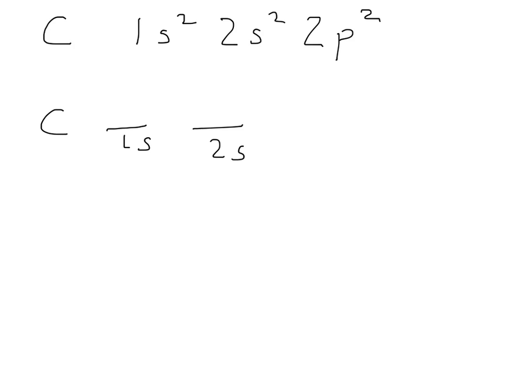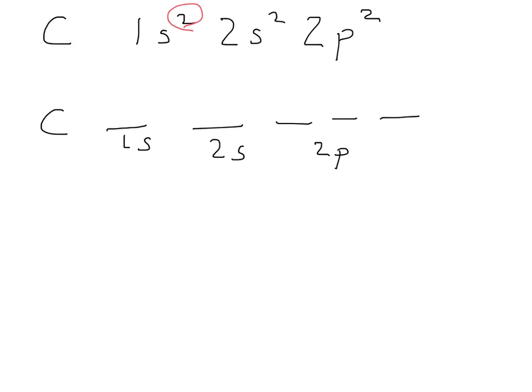Carbon, when we write its condensed notation, is 1s2, 2s2, 2p2. So if we're going to draw the orbital diagram for carbon, I'm going to write 1s, one 2s orbital, and then I'm in the 2p, and the p has 3 orbitals, 1, 2, 3.